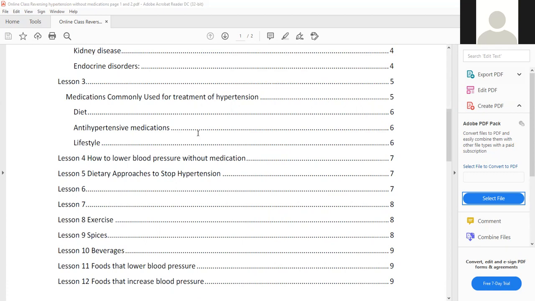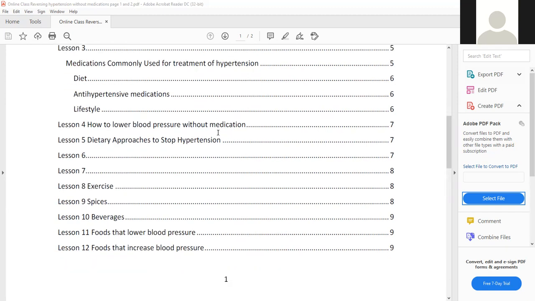I don't see a lot of people using beta blockers because of the side effects, but for some people who have other chronic illnesses, the beta blocker is the first drug of choice, and that medication can cause some very undesired side effects. So let's jump down to some of the things that we can do on our own to lower blood pressure.